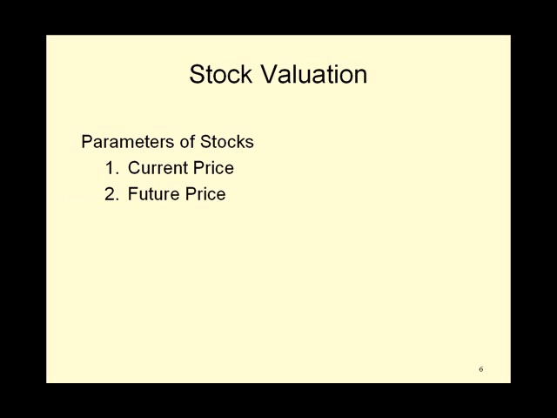Now let's move to stock valuation, which, as I said earlier, is not so straightforward as bond valuation. There are parameters that determine the market price of a stock, but these are really concepts more than hard and fast numbers like we saw in bond valuation. So parameter 1 is the current price of the stock, which is what we want to determine. Second parameter is the future price of the stock.